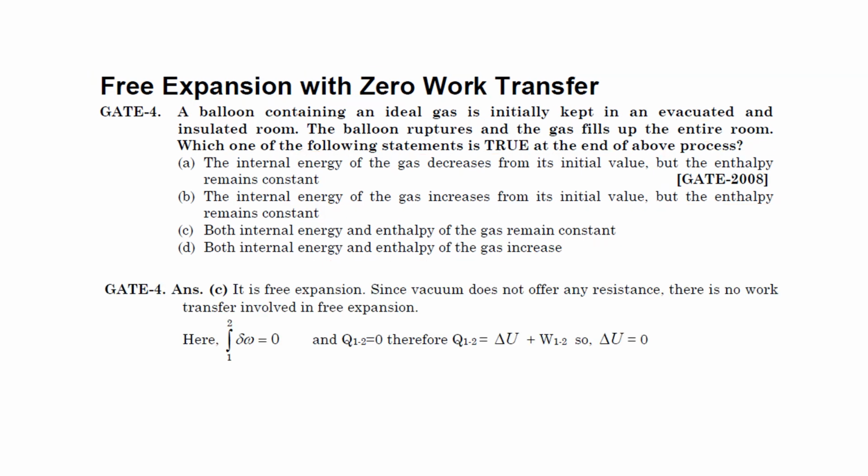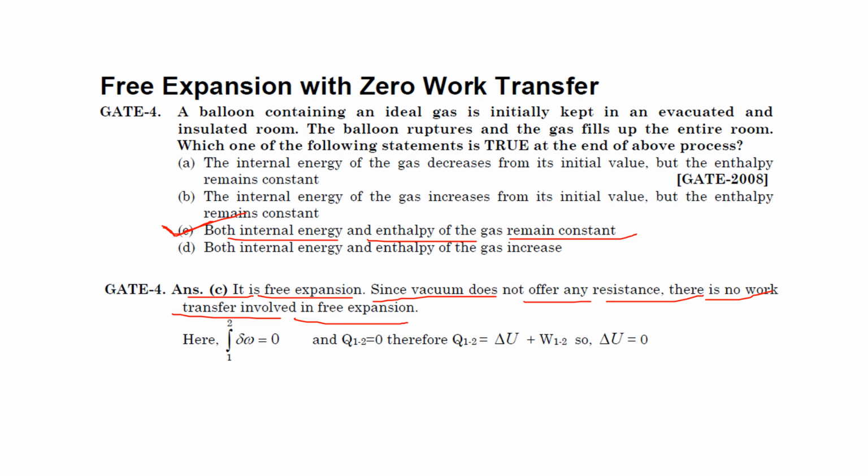Okay, so its answer is actually C. Both internal energy and enthalpy of gas remain constant. So you can read here the explanation. In free expansion, since vacuum does not offer any resistance, there is no work transfer involved.